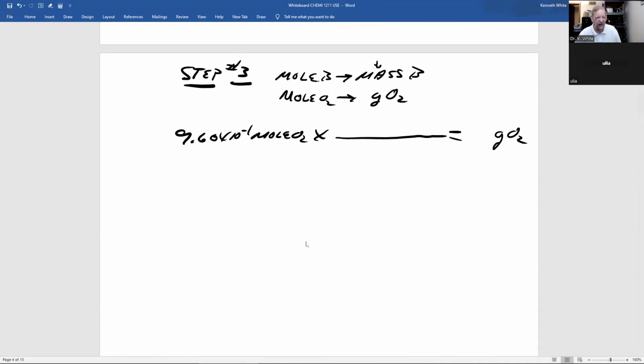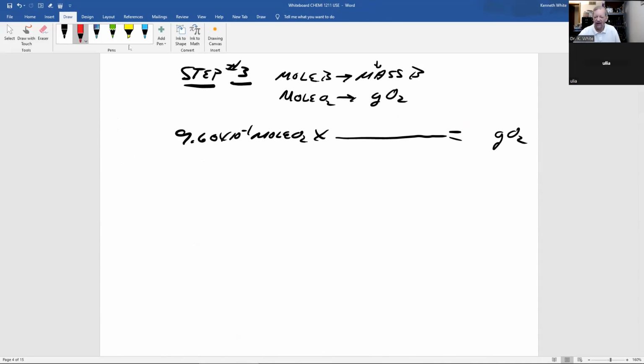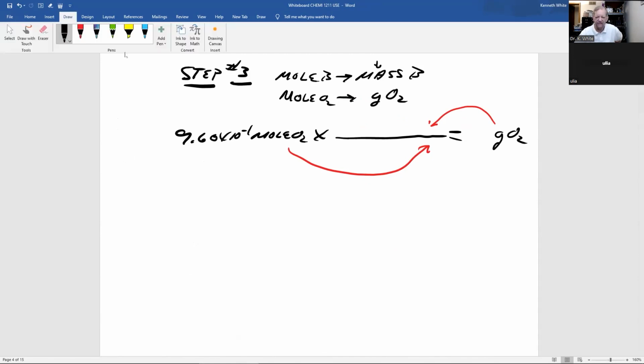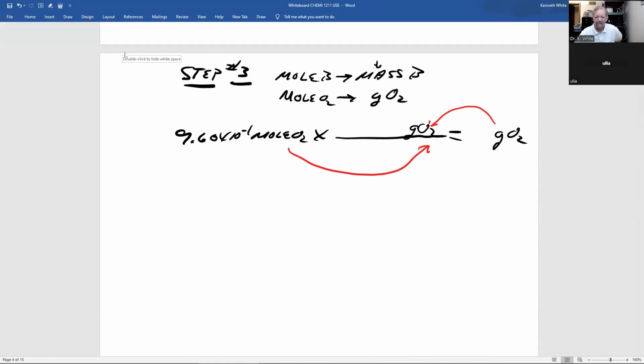And now we'll use our good friend, unit analysis. Whatever we're trying to get to goes on top of the ratio. Whatever we're trying to get rid of goes underneath. And I'll write those in. And where do we get a relationship of grams, weight or mass of a molecule, to moles of a molecule?